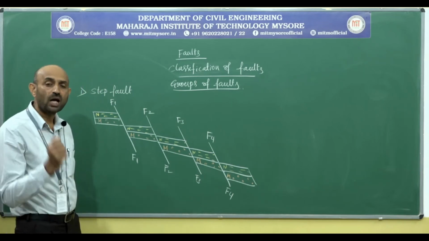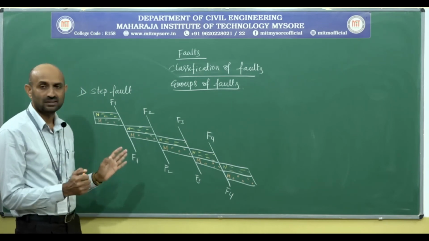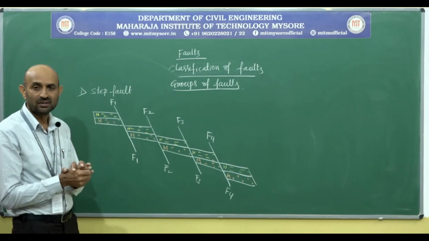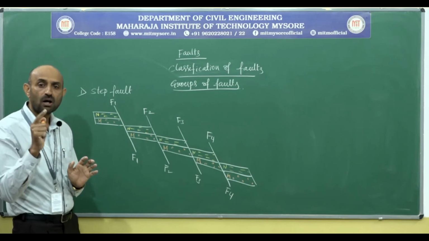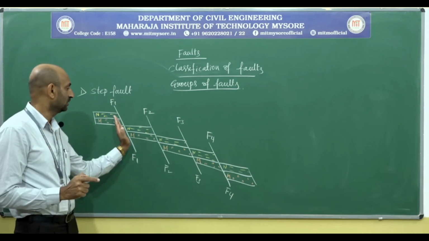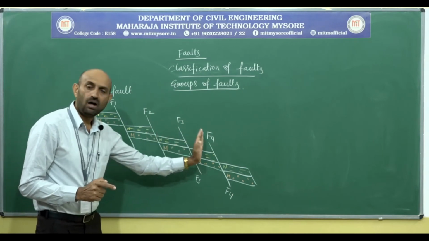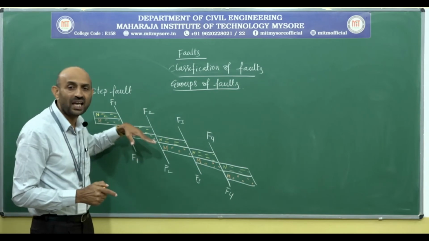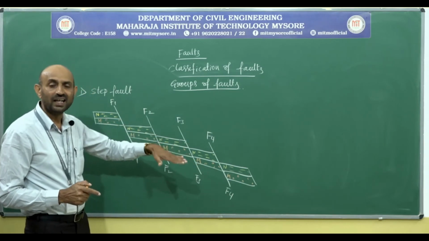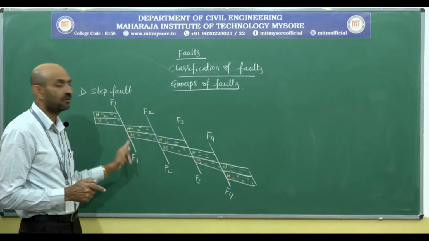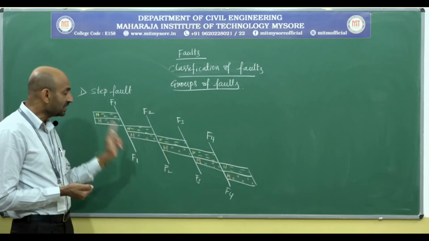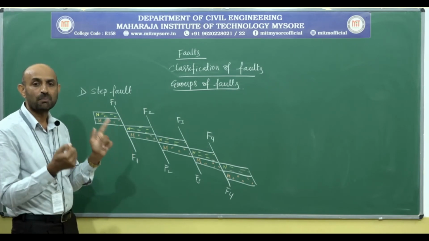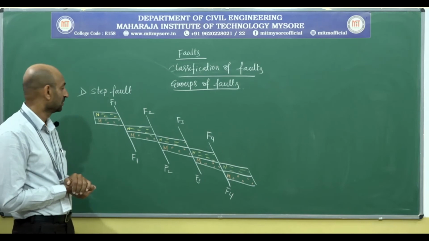When a series of normal faults occur together, whose slopes, all the fault planes, you see, are inclined in the same direction, then it is called step fault. The resulting structure looks more or less like the steps of a staircase.